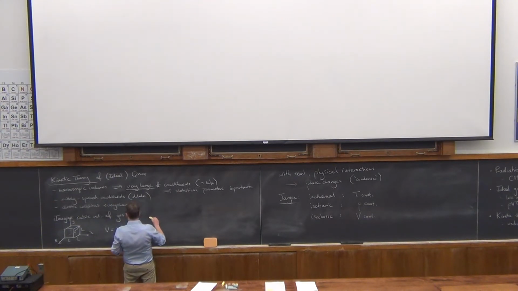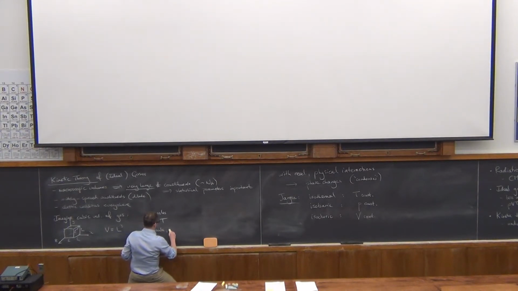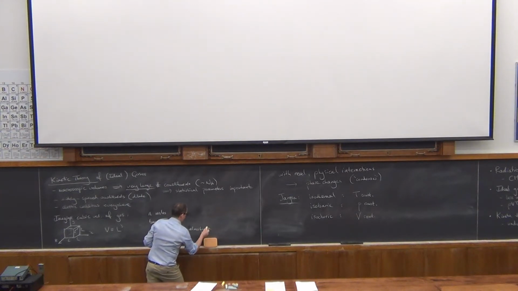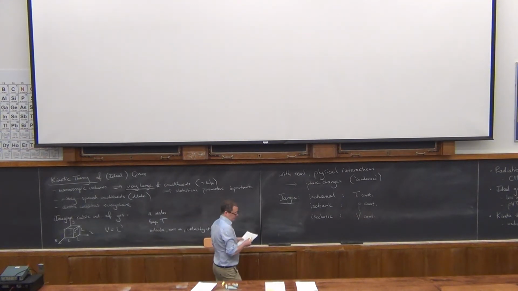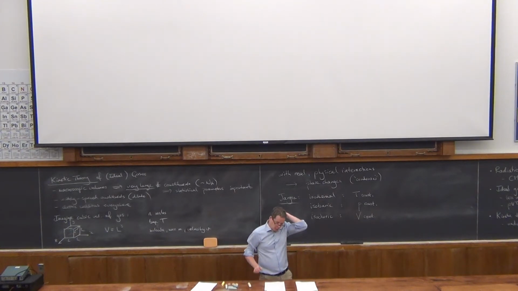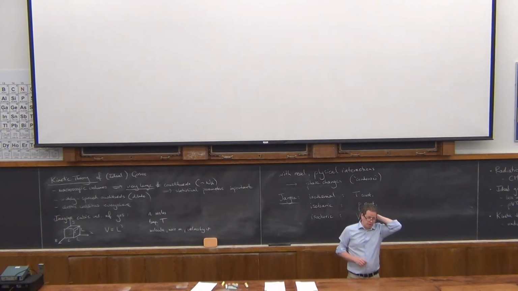Let's say I have n moles of gas, with temperature T in Kelvin, most naturally, and we've got a molecule, just one for now, of mass m and velocity v. All right, so what's our goal here? We want to somehow relate the pressure of the gas to the speed of the constituent molecules.